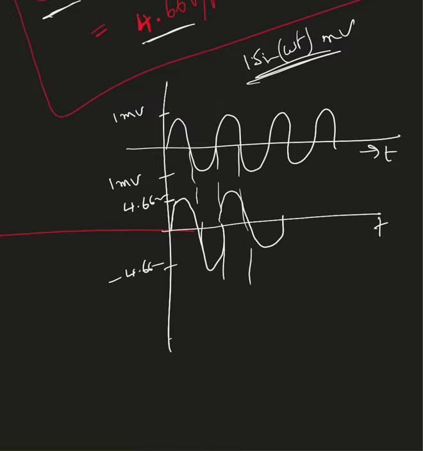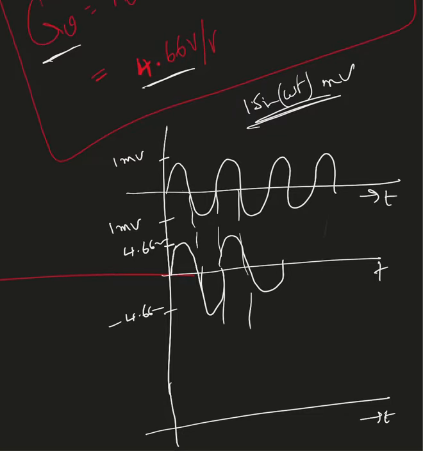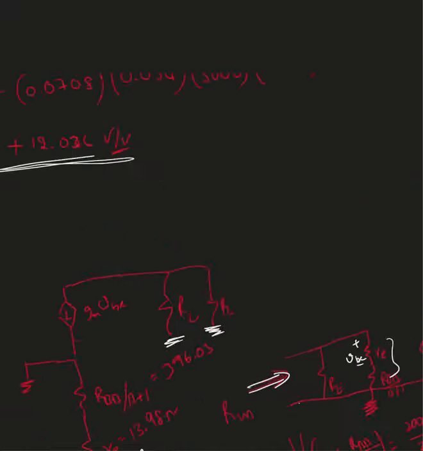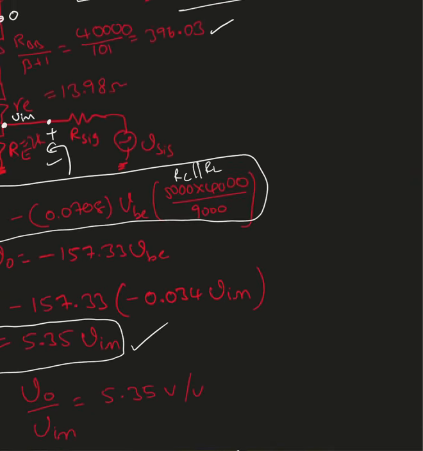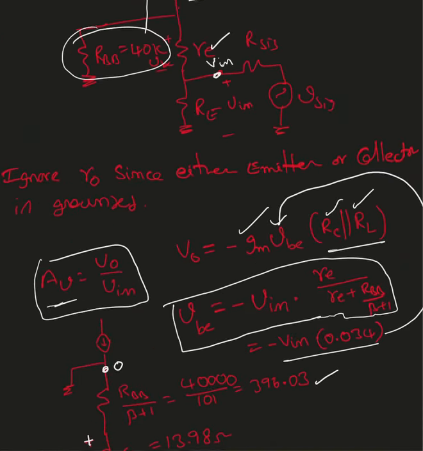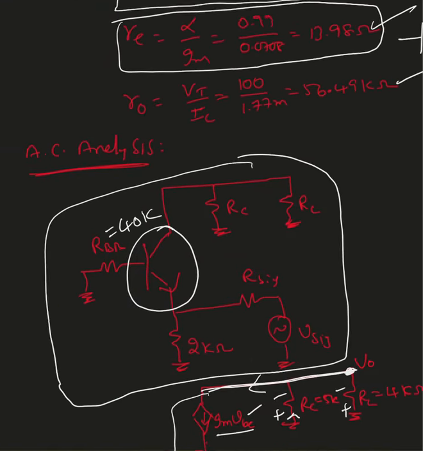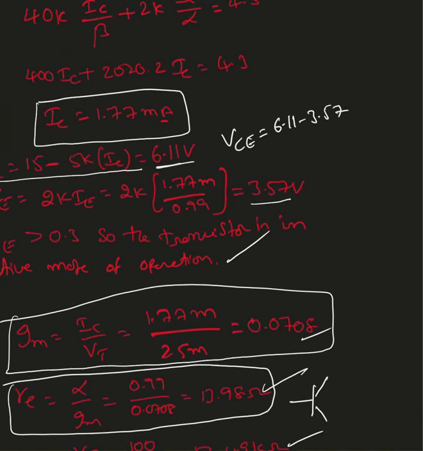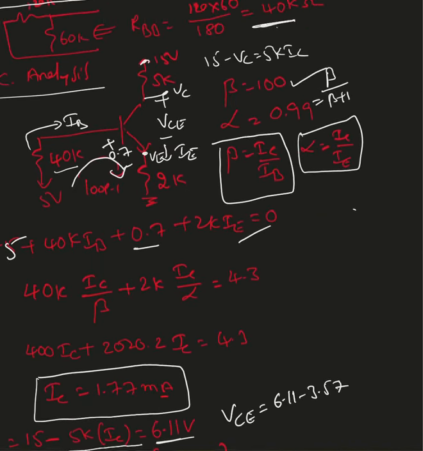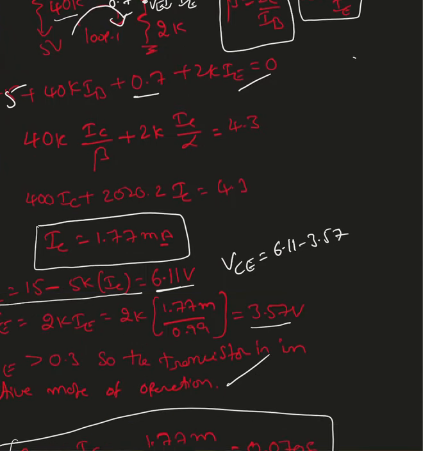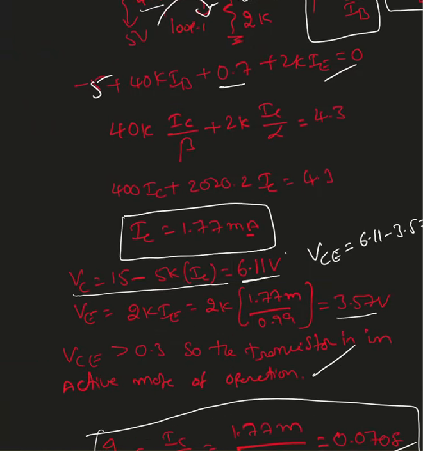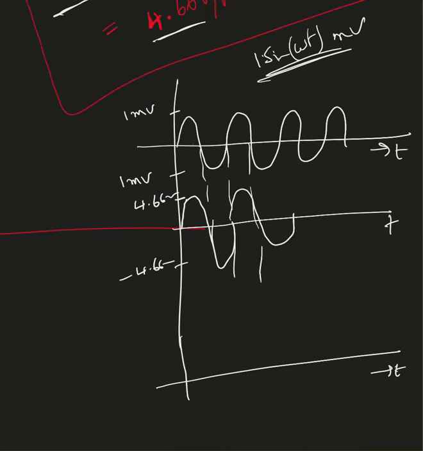Now sometimes I might ask you to include the DC value too. My output is connected at the collector, and we found the collector voltage as 6 point something while doing the DC analysis. While doing the DC analysis, I found VC right here, 6.11 volt. So here my VC is going to be there too.